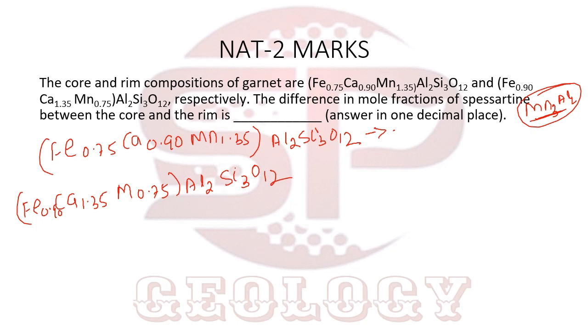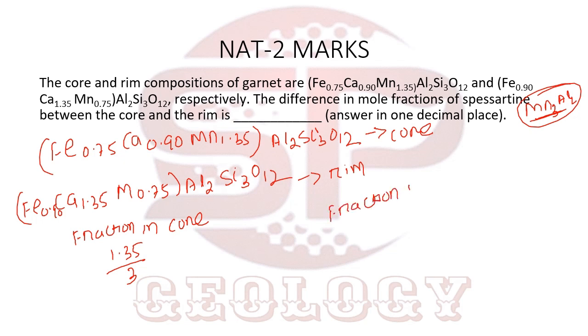This is your core, this is your rim. First we will calculate the fraction in the core. It will be 1.35 by 3. Then the fraction in the rim will be 0.75 by 3.